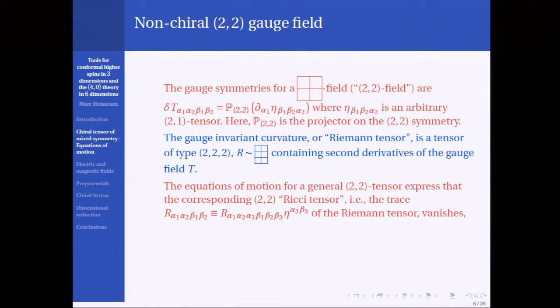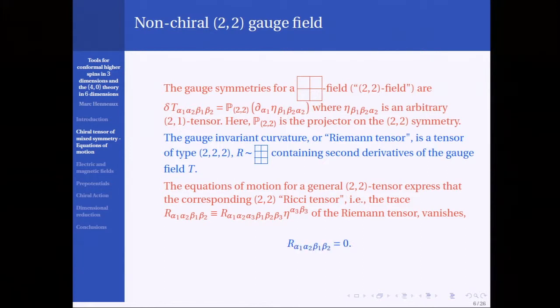Now, the equations of motion for a general 2-2 tensor, so not chiral, I just looked first at the theory containing both chiralities, will express that the Ricci tensor, which you obtain by taking a trace, and which now has only four boxes of that type, is equal to 0, just like for gravity.